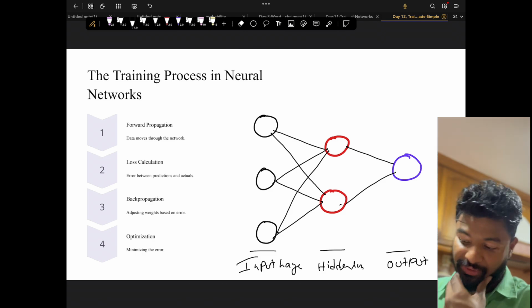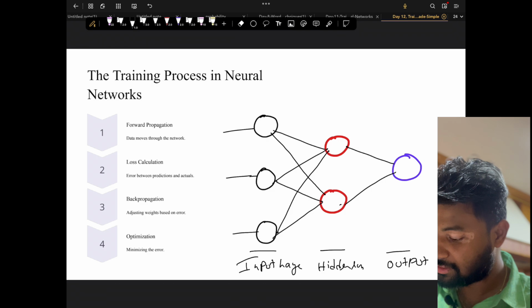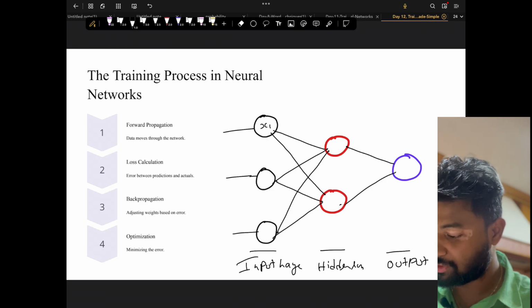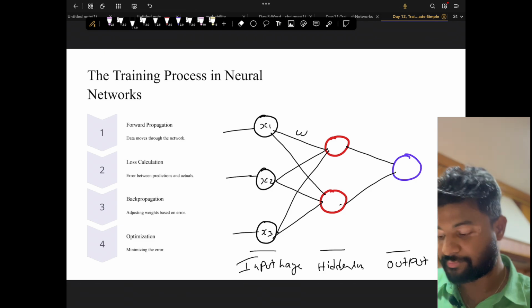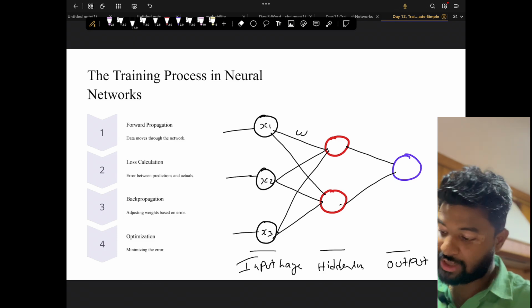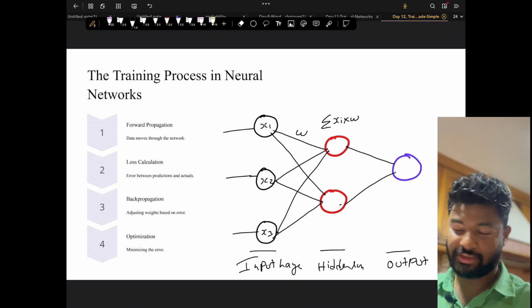Now, every input, for example, this is my input x1, x2, x3. Every input would also have something called weights. Now what happens in every neuron is that there is an aggregation of all the inputs multiplied by the weights.